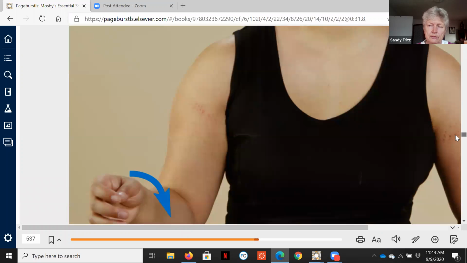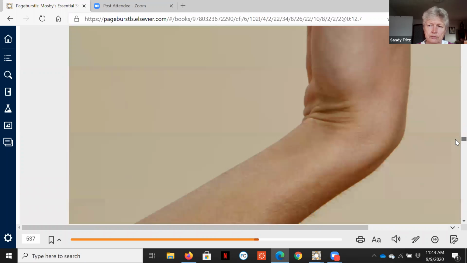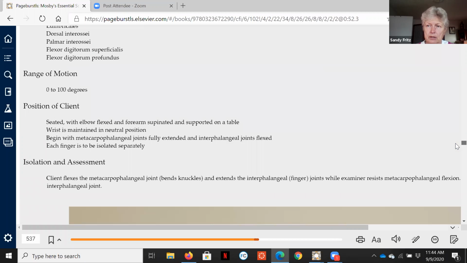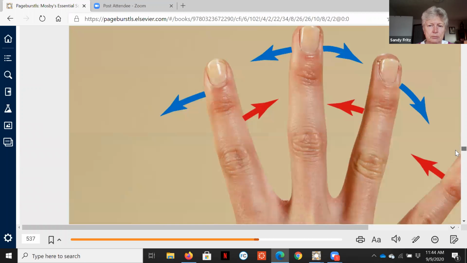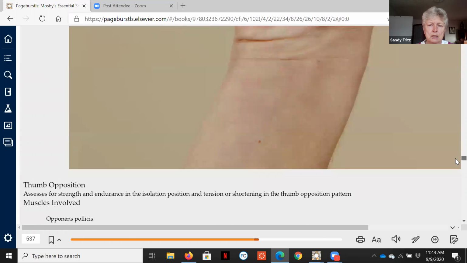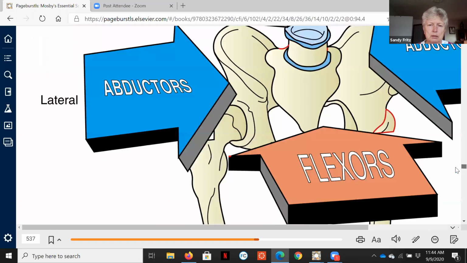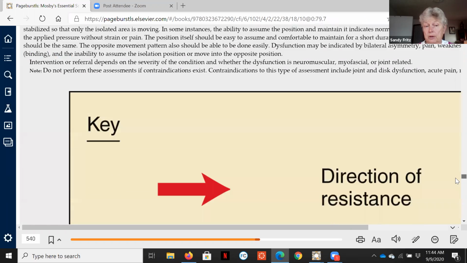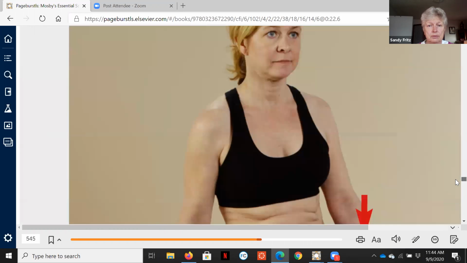So this is a linchpin of understanding functional mobility, and then starting to look at how massage can interface with it. So this is going to take some time for you to go through.